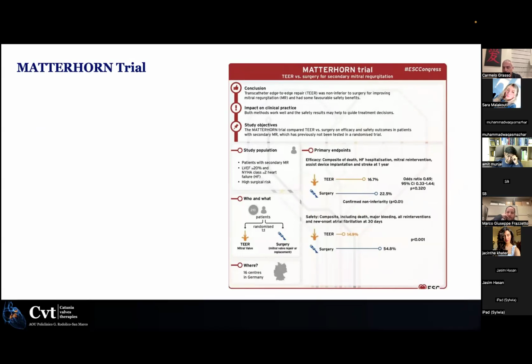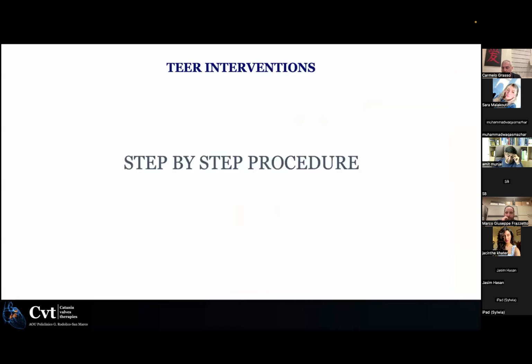So there was no difference. It was non-inferior to surgery in terms of the composite endpoint of death, heart failure hospitalization, mitral reintervention, or assist device implantation, and stroke at 1 year. But MitraClip TEER, I would say, has of course a better safety profile when we look at the composite endpoint that includes death, major bleeding, reintervention, and new-onset atrial fibrillation at 30 days.